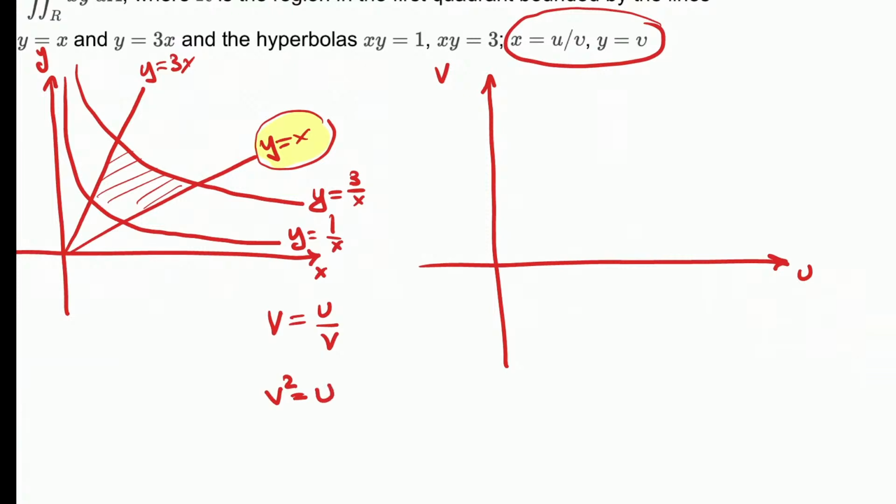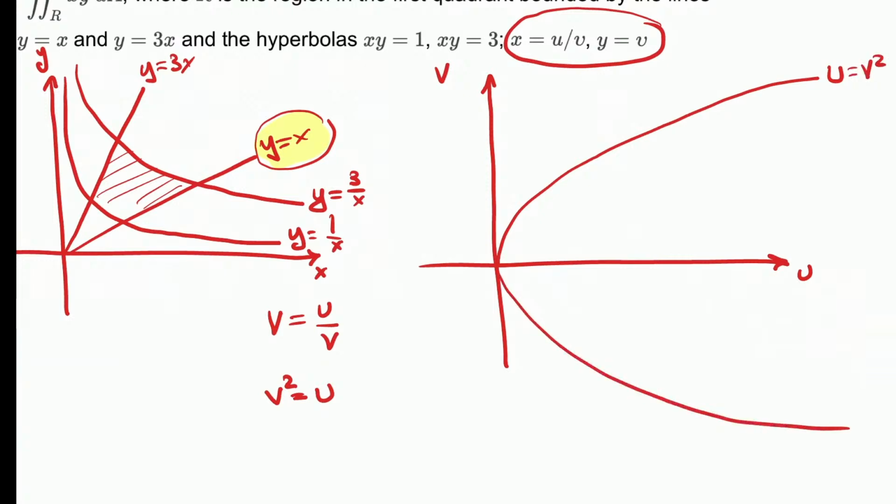That doesn't feel as nice to me as what I did last time, but that's all right. We'll work with it. So u is equal to v squared. That's going to be this parabola. It curves down here as well. I'm not sure how much of this we're going to need, but that's going to be the yellow. I'll highlight each of these. That's that piece.